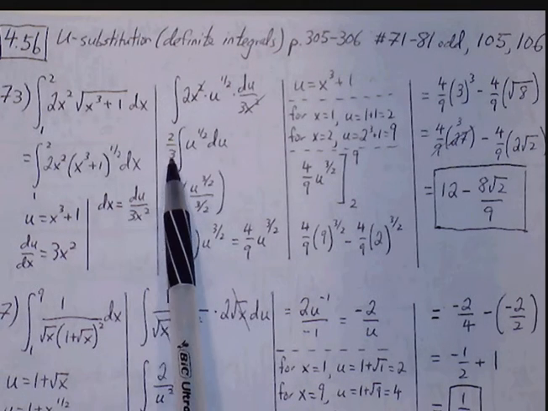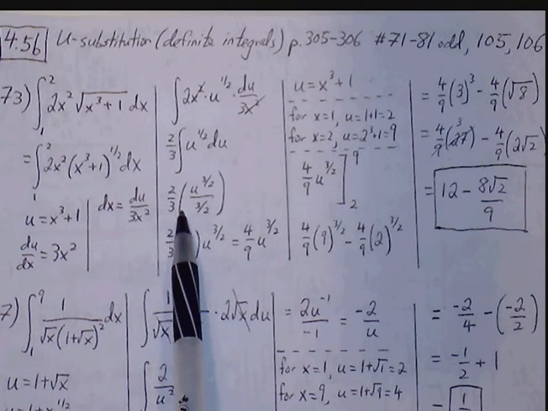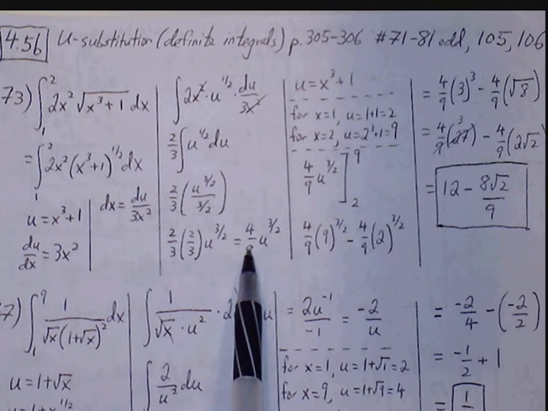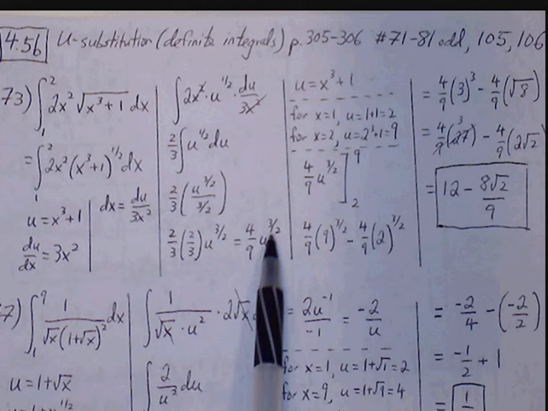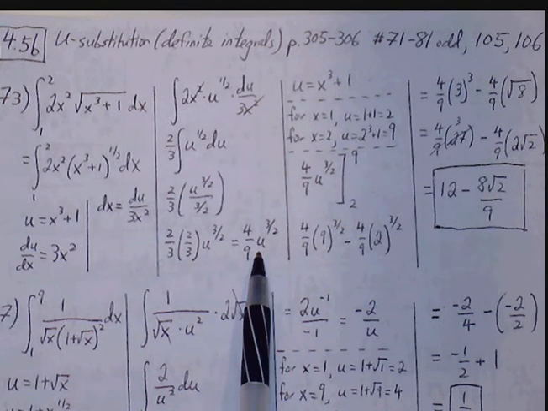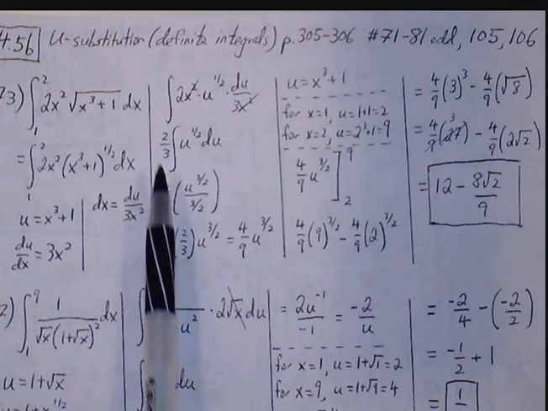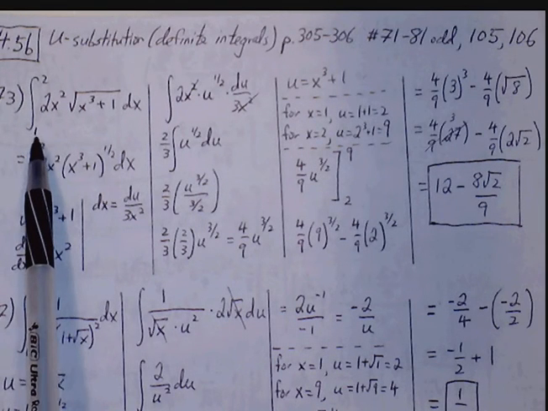So now we can find the integral. 2/3 u to the 3/2 over 3/2. So we have our indefinite integral 4/9 u to the 3/2, but we have to evaluate between our upper and lower bounds. So we have to convert our bounds to be in terms of u.